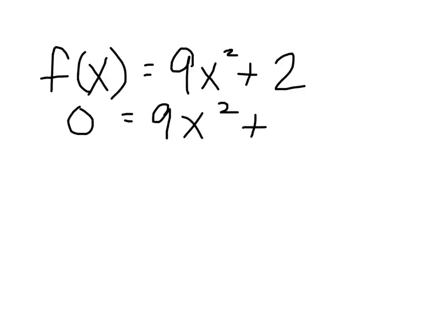Now, my question to you guys is, how do you solve this one? Do you want to A, factor it, B, graph it, C, square root it, or D, complete the square? I want to square root it too. Why? It's just squared. So how would I do that?